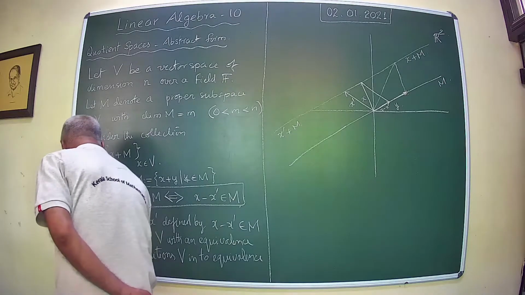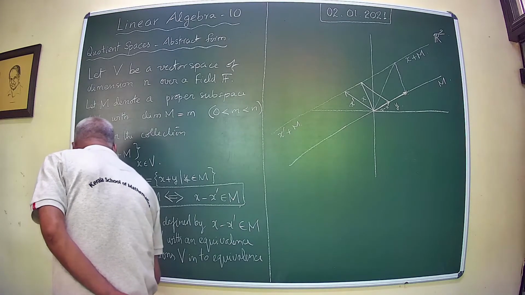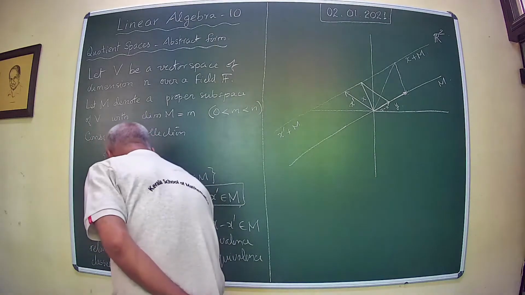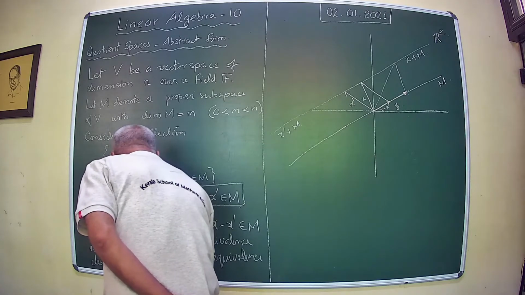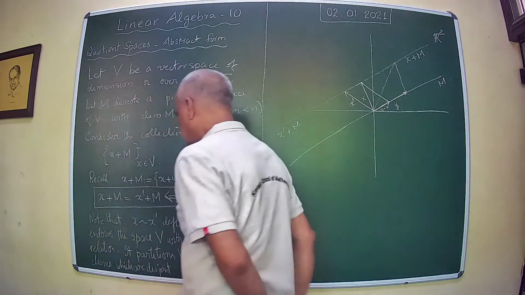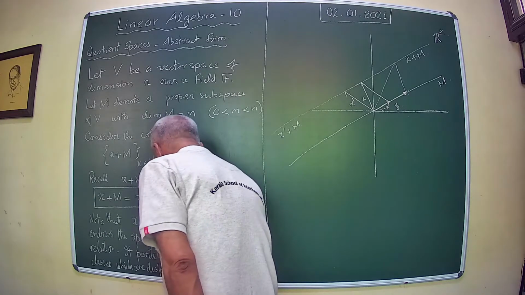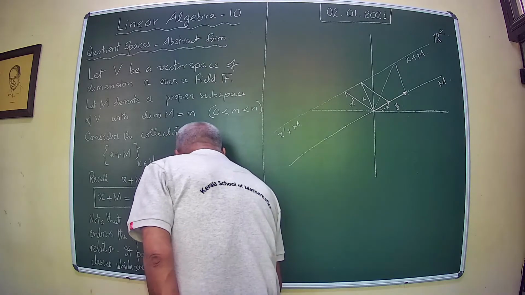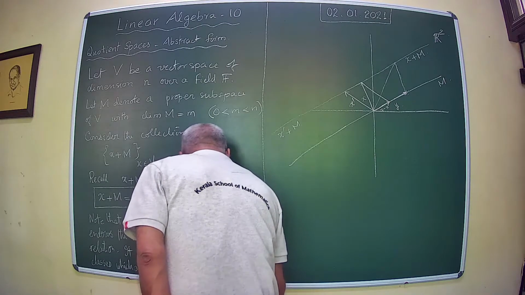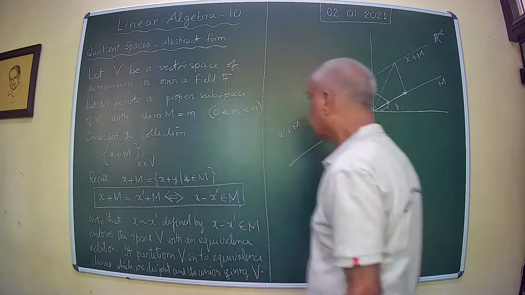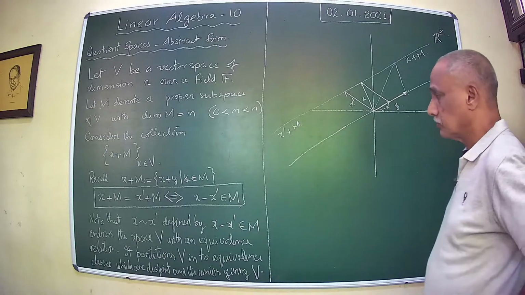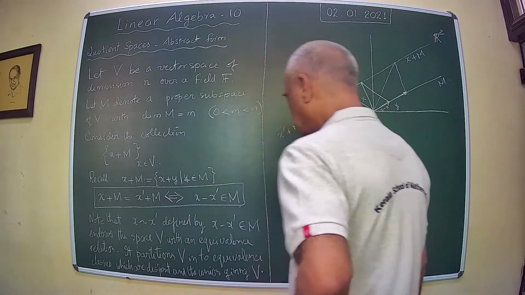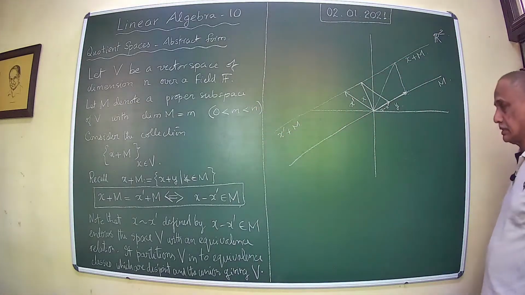So what it does, it partitions V into classes which are disjoint, and the union of these classes gives V. So that's it.